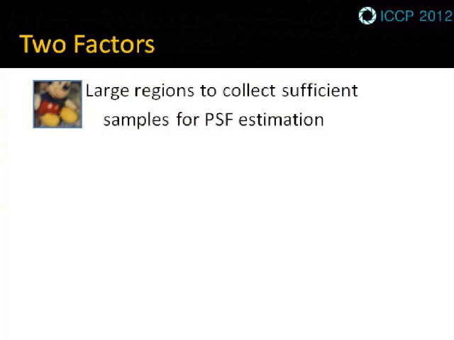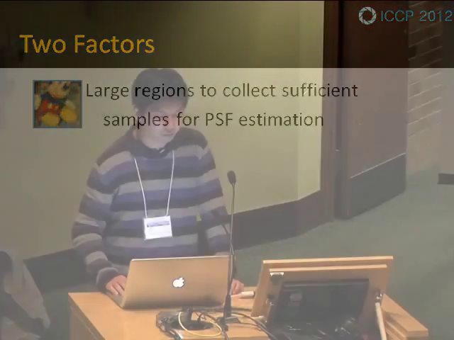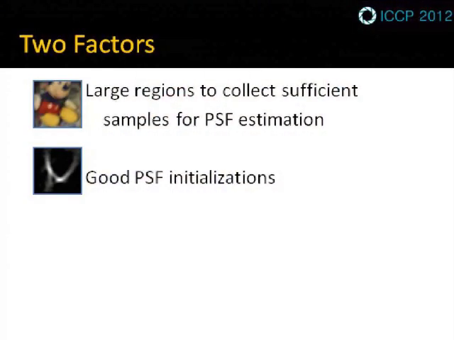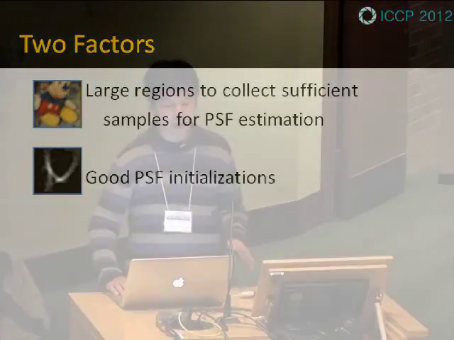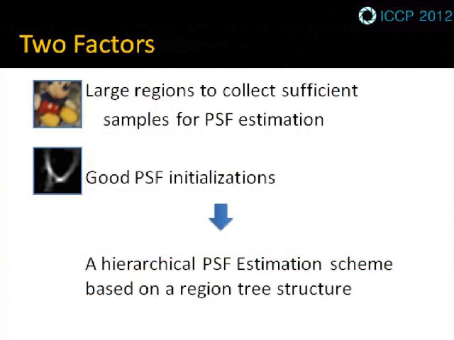So it reveals two important factors of blind deconvolution. The first, we need large regions to collect sufficient pixels to perform a robust PSF estimation. And second, if we want to have good PSFs for small-sized regions, we should have a good initialization. And these two points motivate our hierarchical estimation scheme based on a novel region tree.